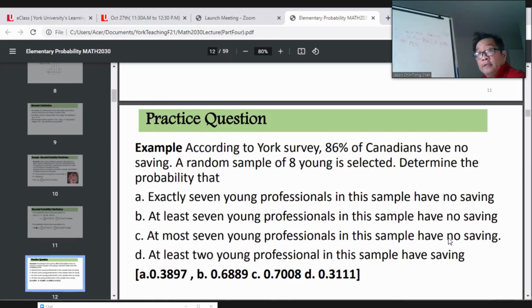So A, X equal to what? 7. So just use the formula one time, that is enough. Why do we use 1 minus?